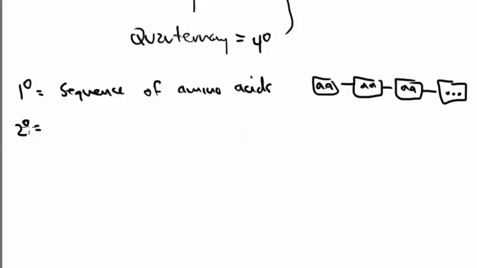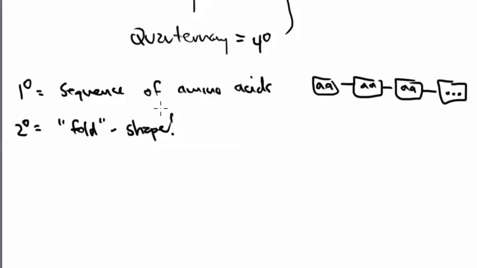The secondary protein structure is a little bit different. The secondary structure begins to start taking a look at these amino acids, and it begins to answer the question of how they fold. And fold basically means begin to take shape. Okay, so that's very important. Protein shape is very important.